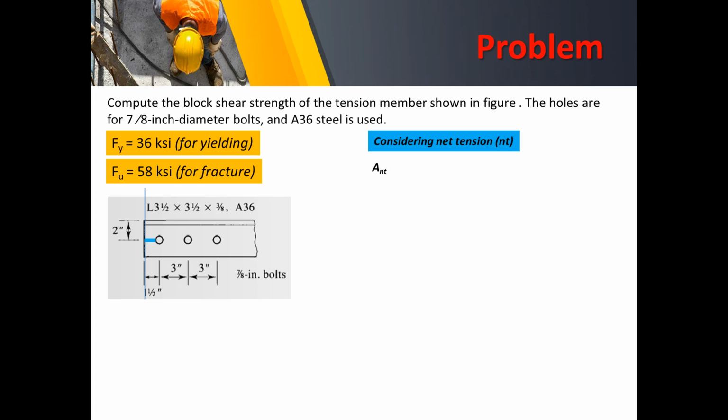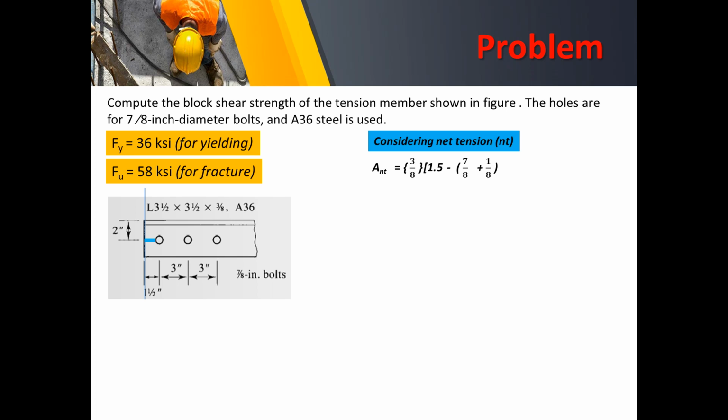Computing Ant, the net tension, this is equal to the thickness times that length. And that length is actually 1.5 inches, less half of the diameter of our bolt.